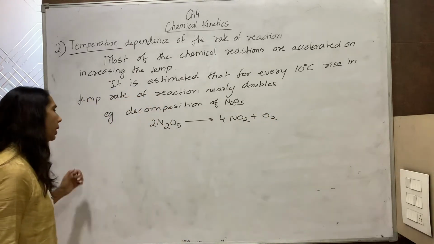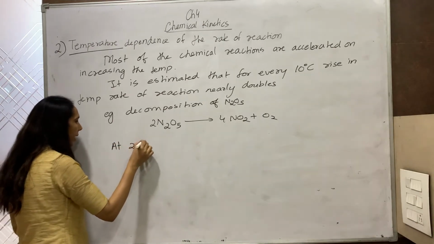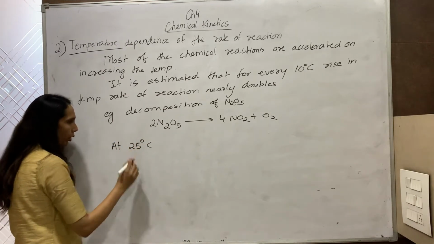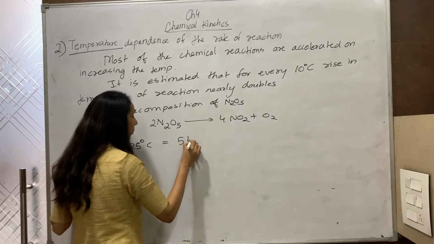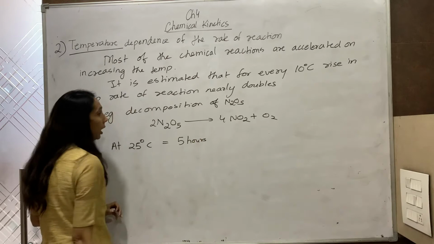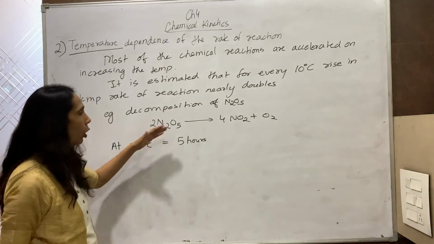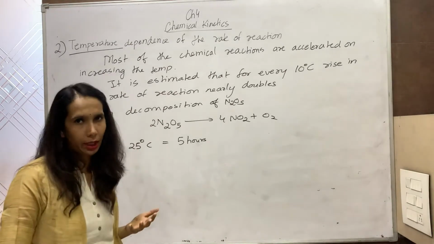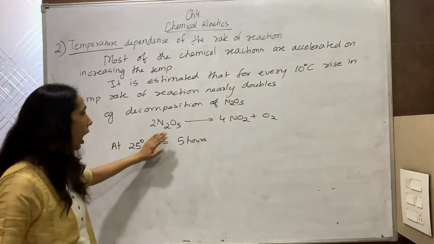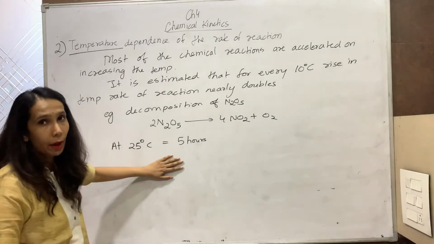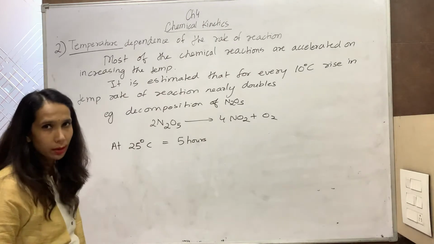If I carry out the reaction at 25 degrees centigrade, that is the room temperature, it takes 5 hours to complete. We cannot say complete, I can say it takes 5 hours for the concentration to become half of the initial. If I have taken 10 moles, then in 5 hours it will be reduced to 5 moles.